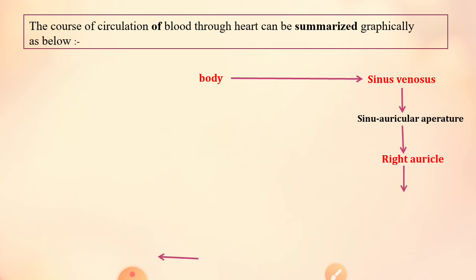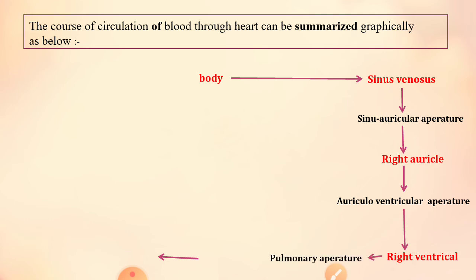When the right auricle contracts, blood comes into the right side of the ventricle through the auriculoventricular aperture. When the ventricle contracts, the blood flows through the pulmonary aperture towards the lungs for purification.